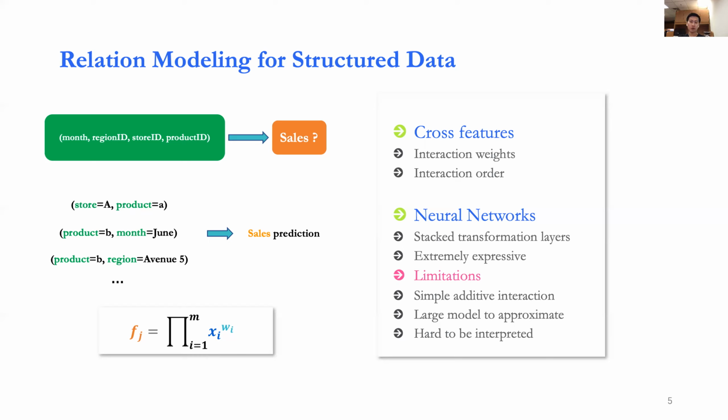In particular, the feature captured by each neuron in the neural network is only additive, which simply aggregates input features that are linearly scaled by corresponding weights. And because of this, prohibitively large models are needed to approximate the multiplicative interaction of cross features. And further, implicit modeling with a conventional neural network is also hard to interpret.